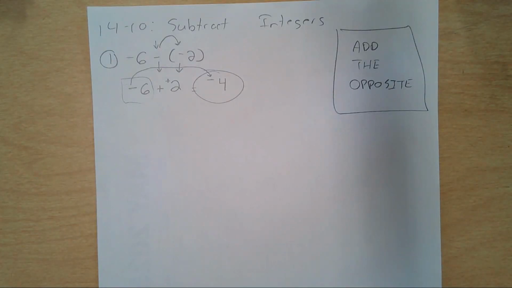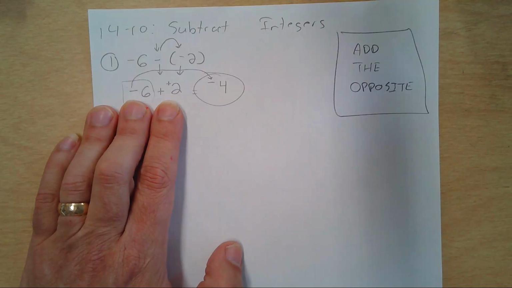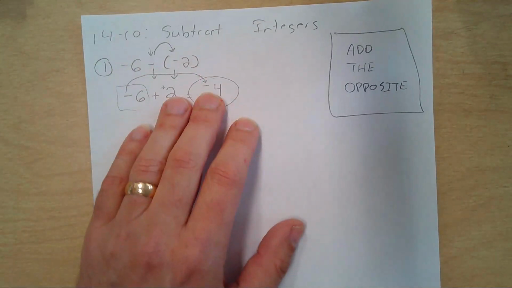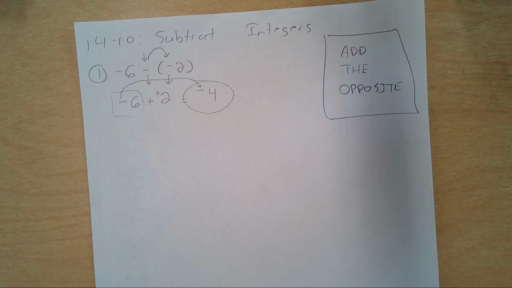When the signs are different, subtract the values, the absolute values, officially. 6 minus 2 is 4. Step 2. Carry the sign from the value that had the greater value. 6 had a bigger value than 2. Therefore, pull the sign from the one that had 6. And that is what negative 6 minus a negative 2 is.